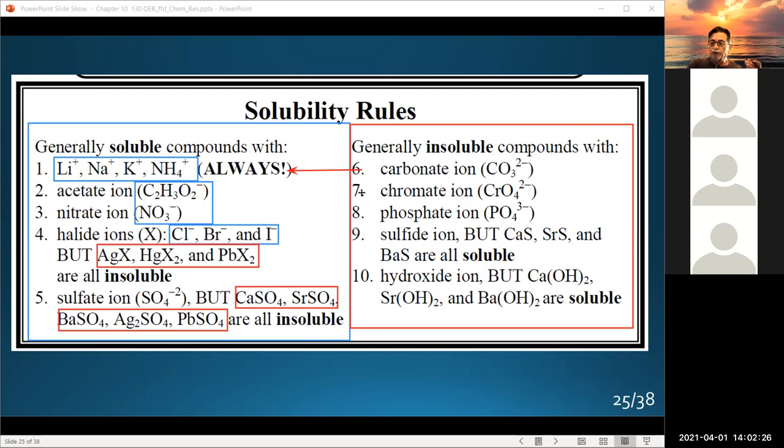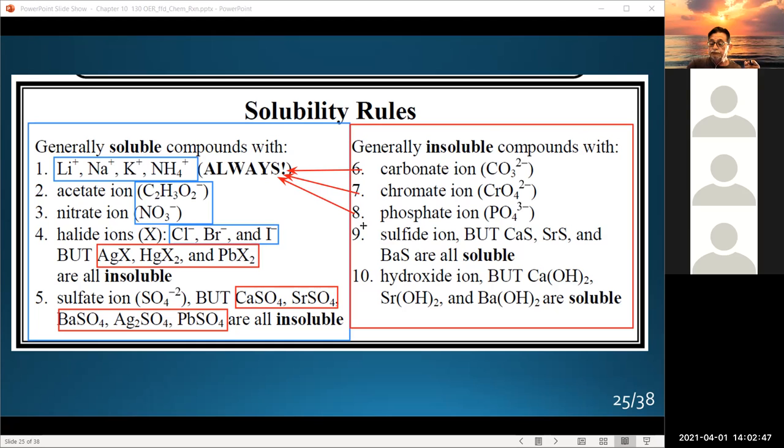Same is true with chromate. Chromate, all examples out there are insoluble except if they're bonded to the big four. All right. Same is true with phosphates. Phosphates are always insoluble except if they're bonded to the big four.